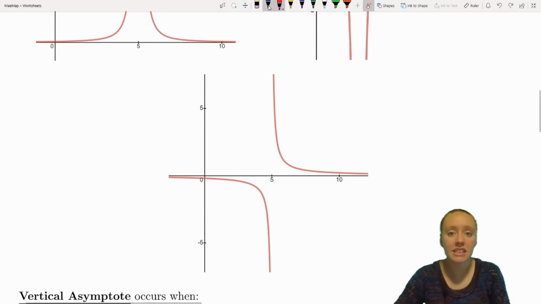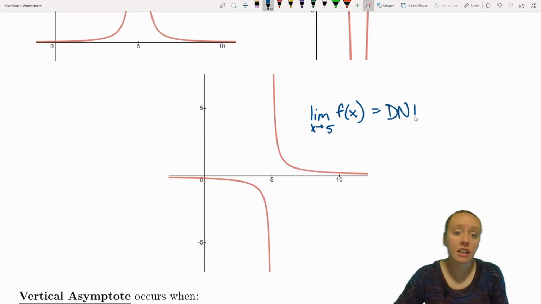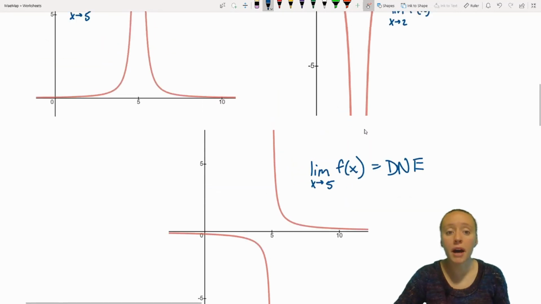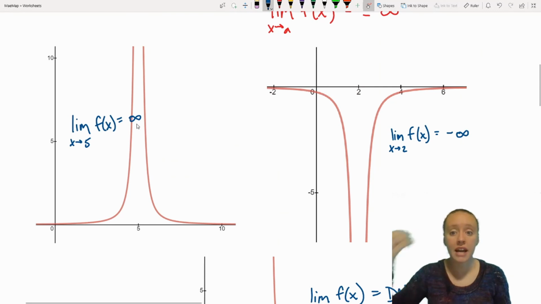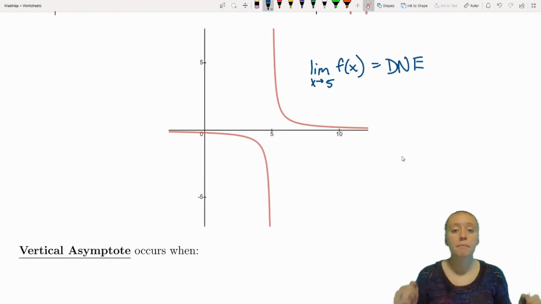So the limit in this case, the limit of some function f of x as x approaches 5, we would say does not exist. So up above, we said it was heading towards infinity, or negative infinity. Here, because the right and the left do not go towards the same values, we say does not exist.